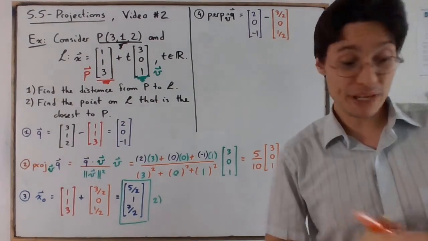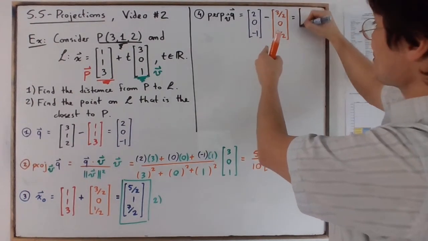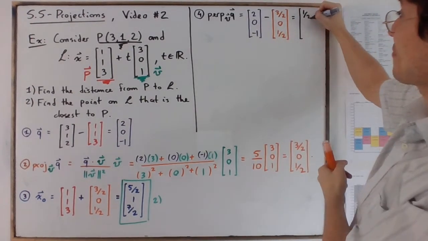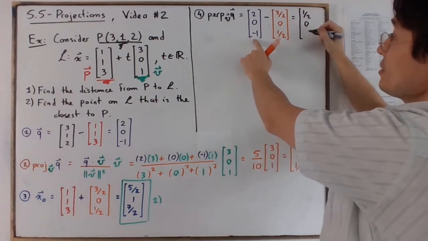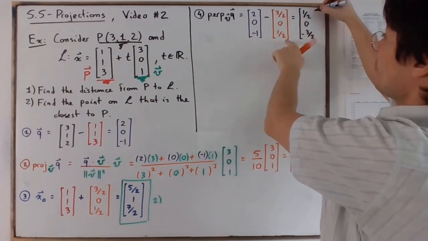Okay, and what do we get out of this? 2 minus 3/2 is 1/2, then 0, and here we're getting -3/2. Yeah, perfect.